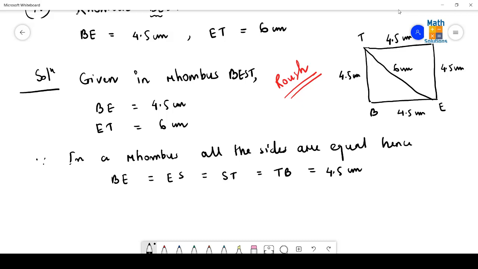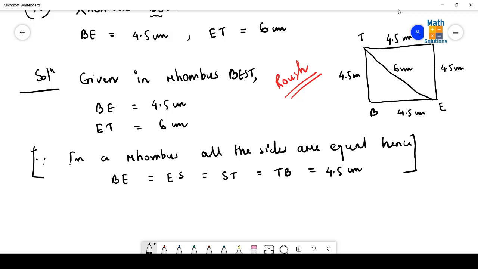Means all the sides should be equal. So this is, I have given this for general information. If it is not written in the answer part, then also there is no problem.